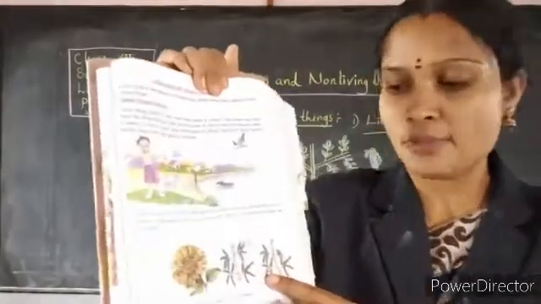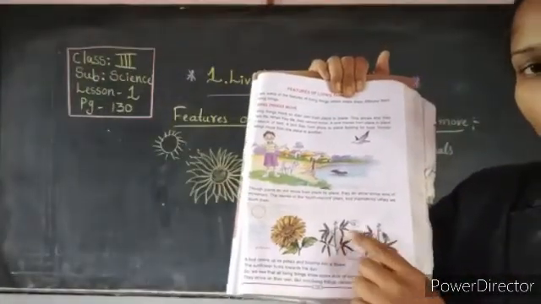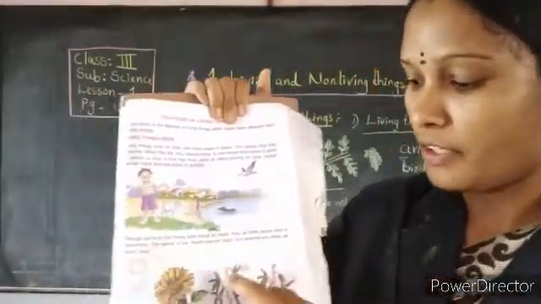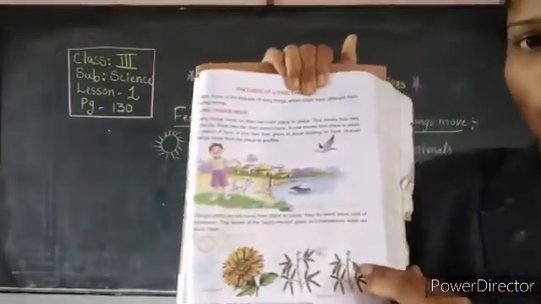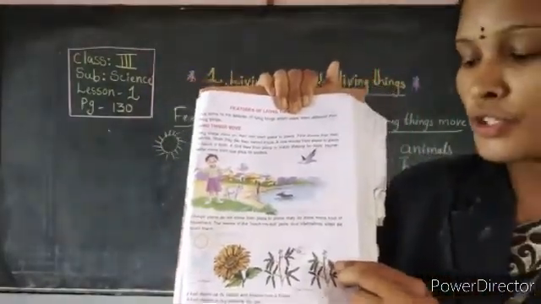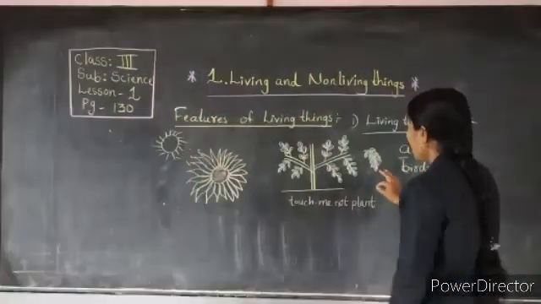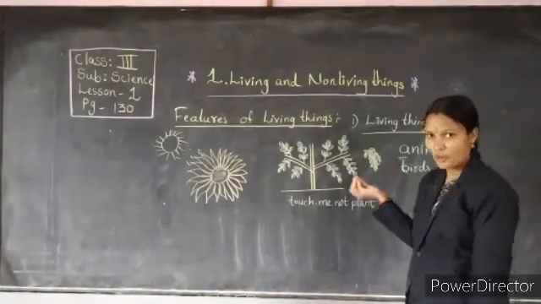This is a touch-me-not plant. The leaves fold themselves when we touch them. Look at this picture. The branch of the leaves folded. Understood, students? This is one type of movement in plants.